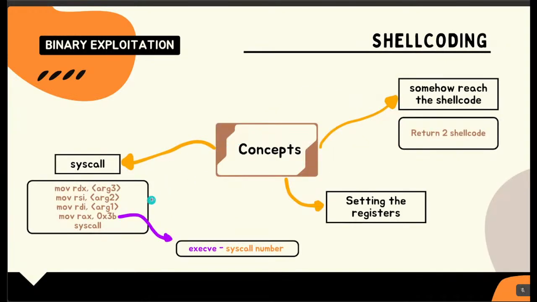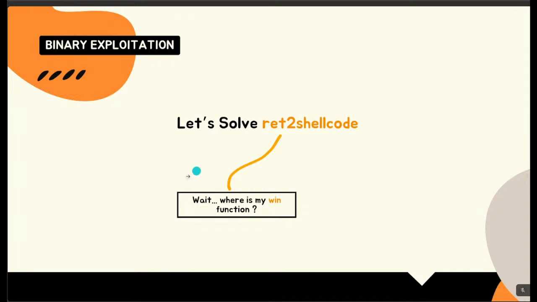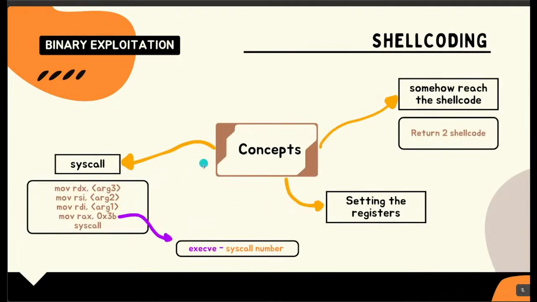Now let's look at shellcoding, because you know what the next challenge is, ret2shellcode. So in shellcoding, we are doing a lot of concepts like syscalls, setting registers, and somehow reaching the shellcode, right? Too many things going on.